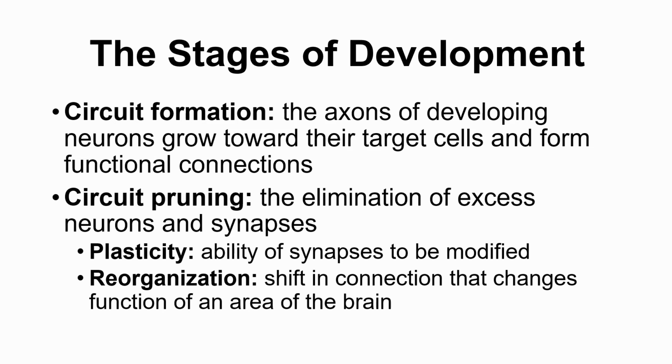So reorganization would allow them to take over that part of their brain and use it for something else. So there's some evidence that in those who read Braille, the part of their brain that would have been their visual center ends up being more responsive to touch sensations.